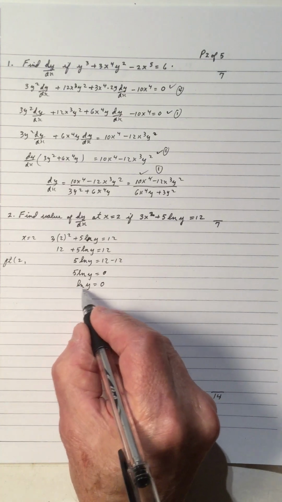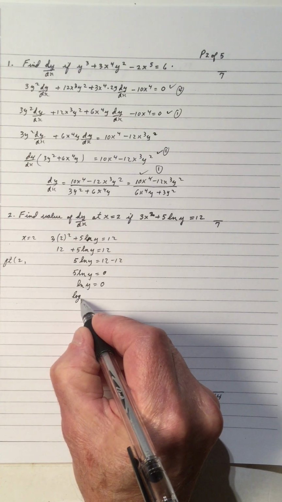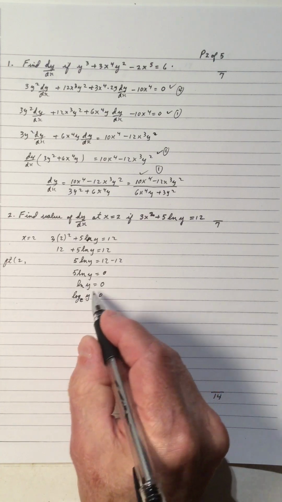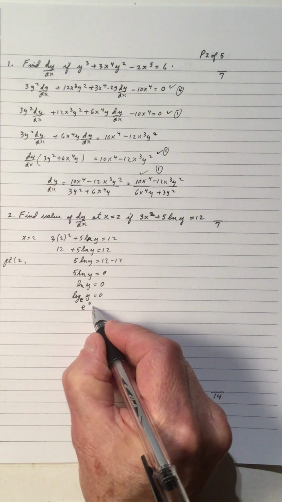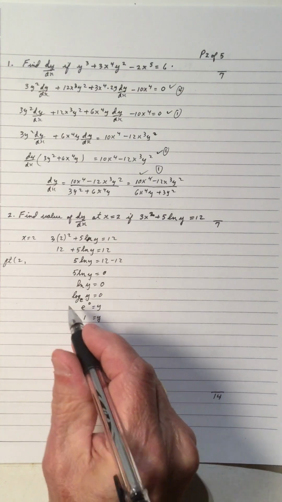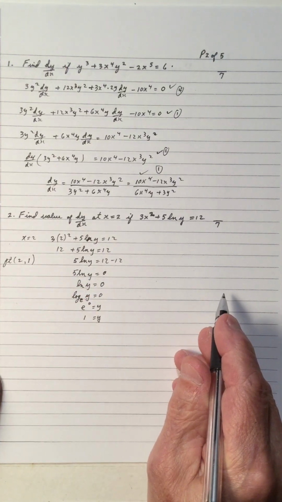We can change ln to log base e, so y equals e to the 0, which is 1. So the point is (2, 1).